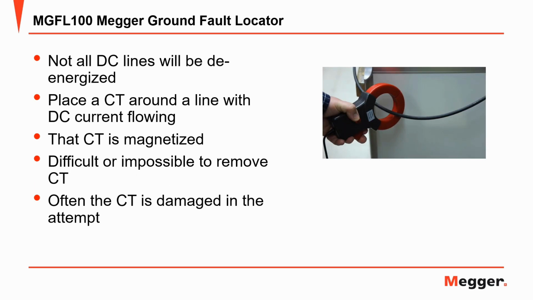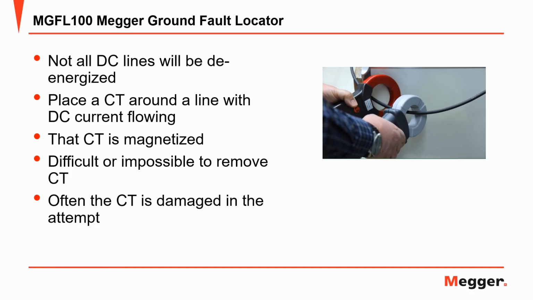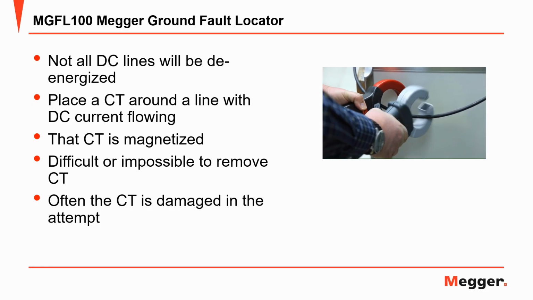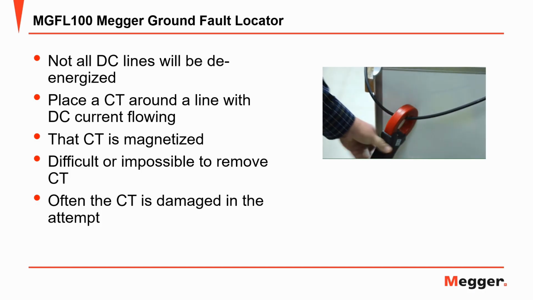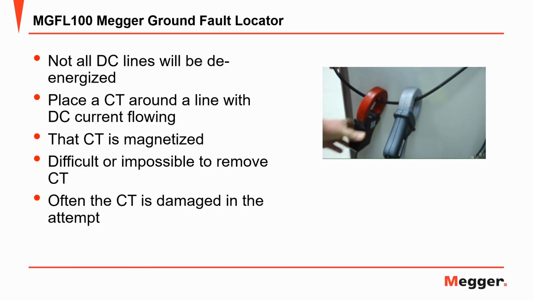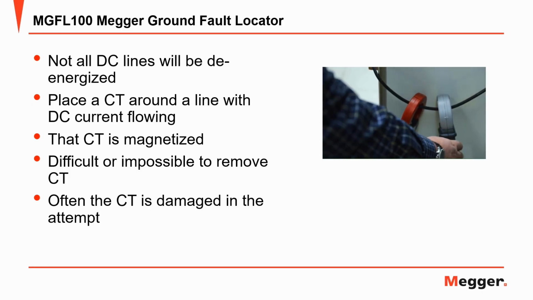Now, during tracing, it is assumed that any DC current on the lines is minimal. However, it is possible that a CT can be placed around a wire that has DC current flowing through it. After all, a battery string is a DC system. When a current clamp is placed around a wire with DC current flowing through it, the CT's iron core will become magnetized.